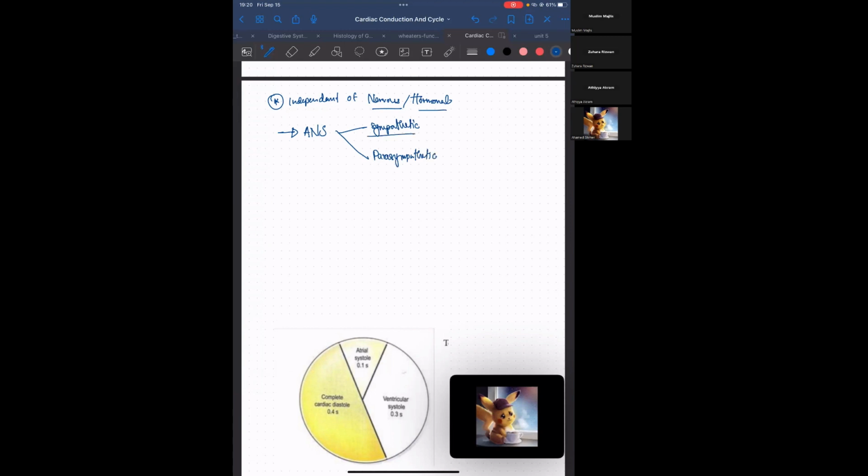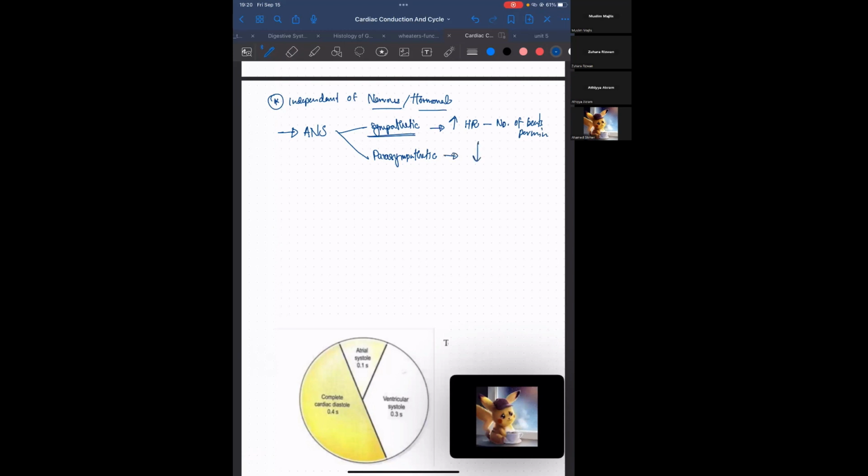What does the sympathetic supply to the heart do? It will increase the heart rate. Heart rate is the number of beats per minute, right? Sympathetic will increase the heart rate, and parasympathetic will decrease the heart rate.